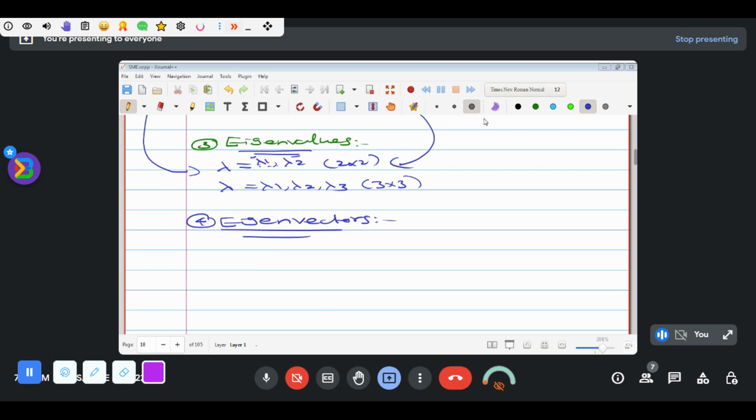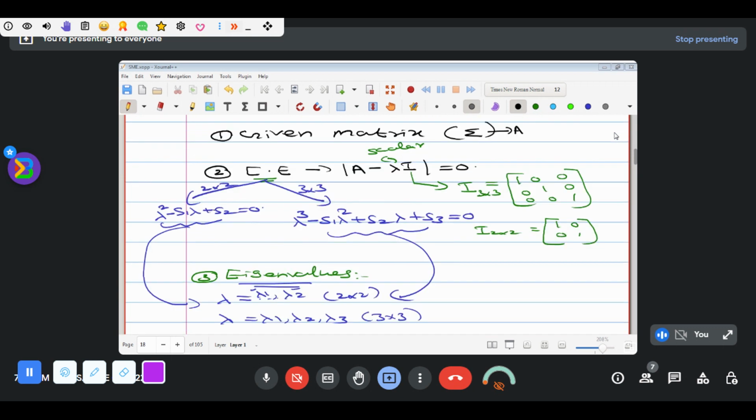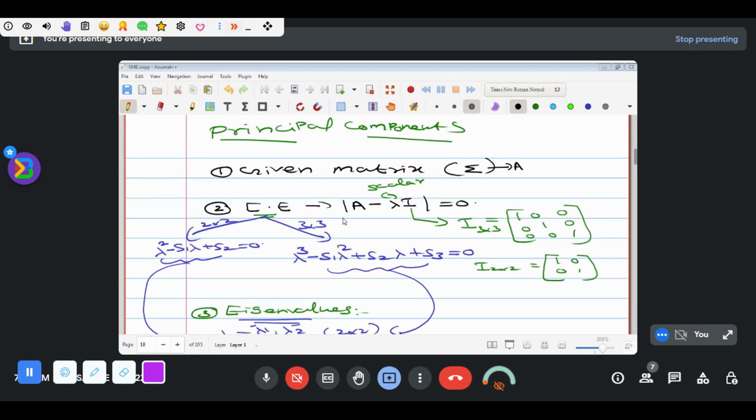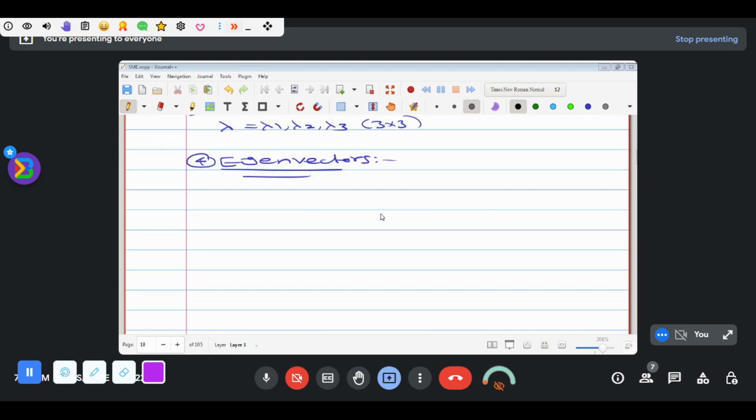So what is the formula for eigenvectors? From the characteristic equation, using the determinant concept and matrix concept, the formula is the matrix A minus lambda I, into x, equal to 0.